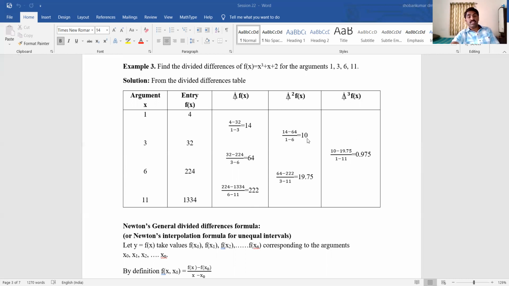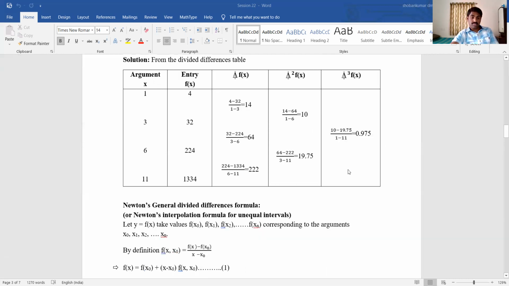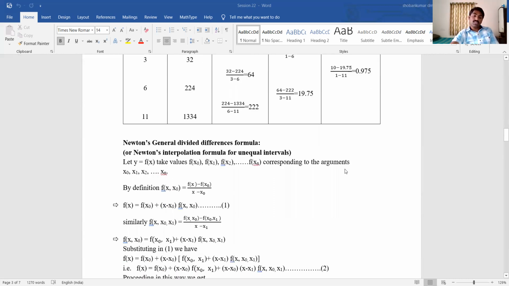Second divided difference: 14 minus 64 divided by 1 minus 6 is 10. And 64 minus 222 divided by 3 minus 11 is 19.75. Third divided difference is 10 minus 19.75 divided by 1 minus 11, which is 0.976.